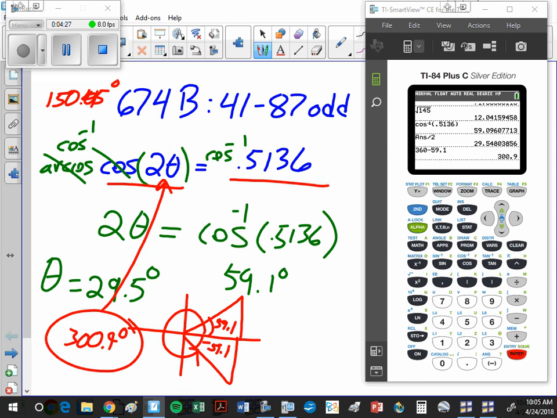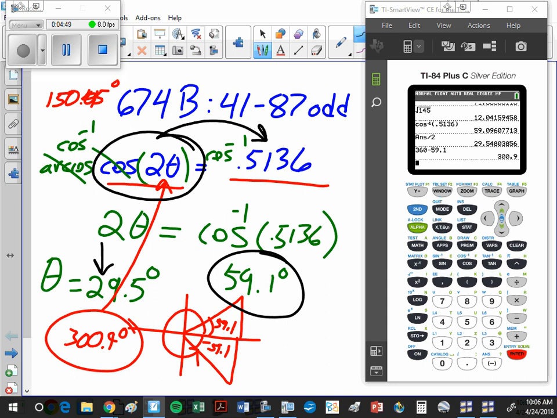So I have to find every answer that is within one rotation. So I solved, and I got this, right? That's in quadrant 1. That angle cut in half is this angle, and that's one of the answers. But how many times does this equal that in one rotation? 2. Once in the first quadrant, and once in the fourth quadrant.